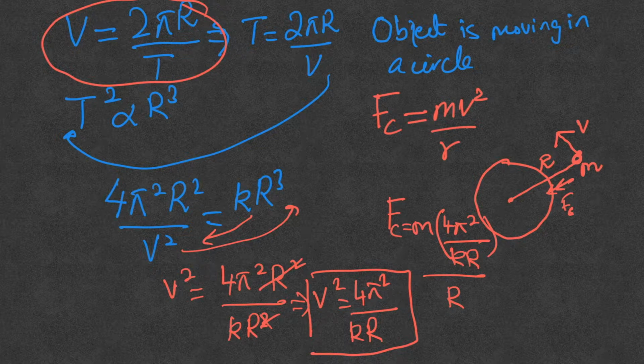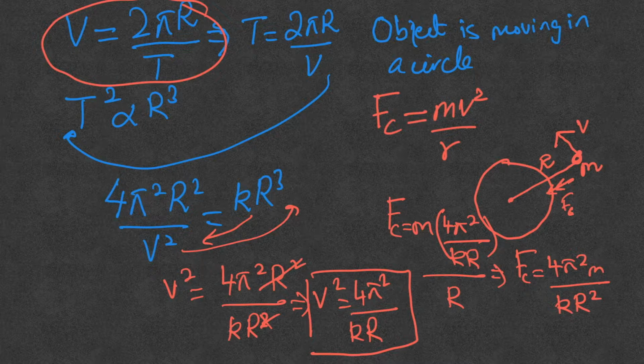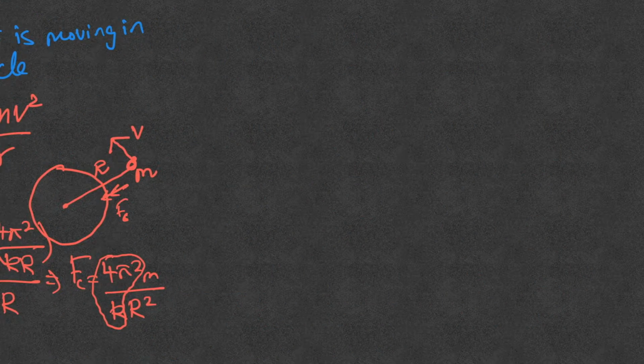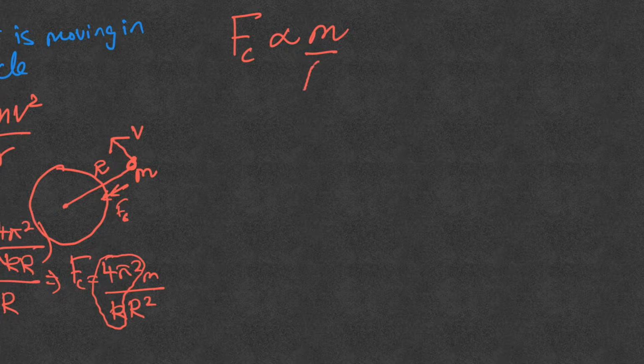So when you simplify all of this, you will get Fc is equals to 4 pi square m over kr square. Amazing. 4 pi square and k, they're all constants. So what we can do is we can club all of these three constants together and say Fc is proportional to m over r square.